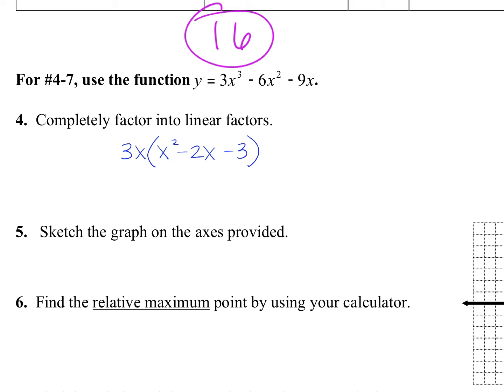We can try, right? We would do star method. So if we set up our star, don't forget about our friend out in front. We have a negative 3 on top and a negative 2 on bottom. What can you multiply to get a negative 3 that you can add to get a negative 2? Say it again. Negative 3, positive 1.